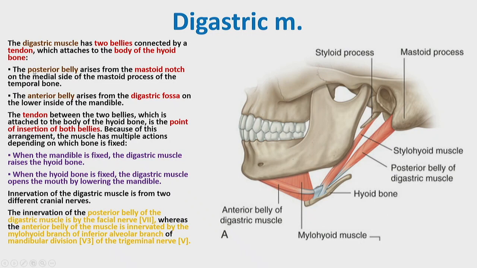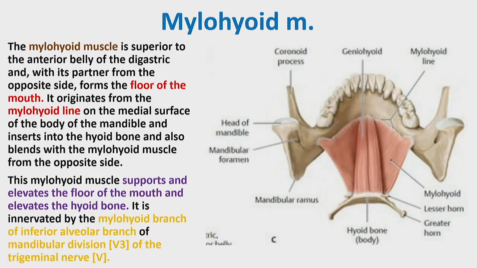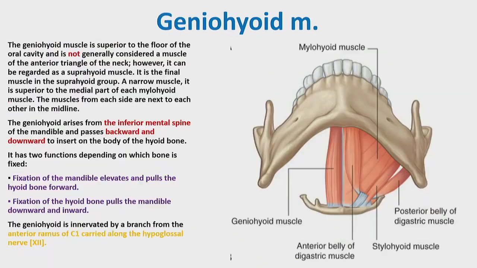We said about the origin, the digastric fossa and mastoid notch. You have an intermediate tendon, which is pierced by the stylohyoid muscle. The posterior belly is innervated by the facial nerve. The anterior belly is innervated by the mylohyoid nerve, branch of the inferior alveolar nerve. Then mylohyoid we already discussed.